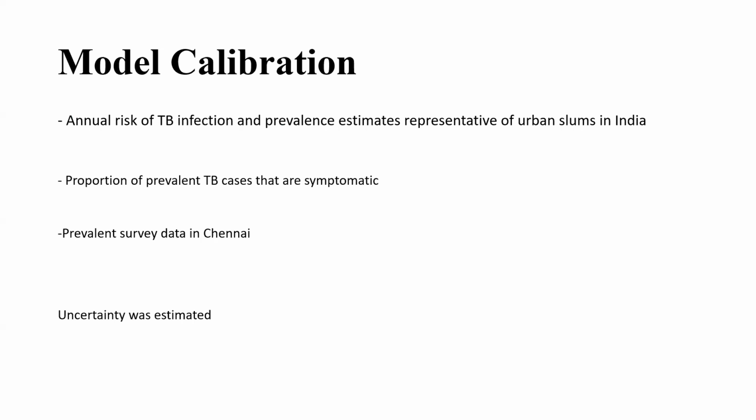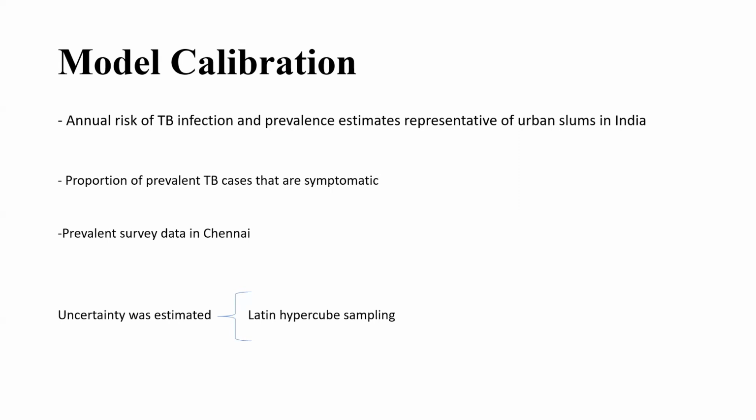The uncertainty was estimated using Latin hypercube sampling, a technique used to define parameters from their respective ranges. Here it was done for 10,000 samples, and the model was used to simulate until the year 2018.